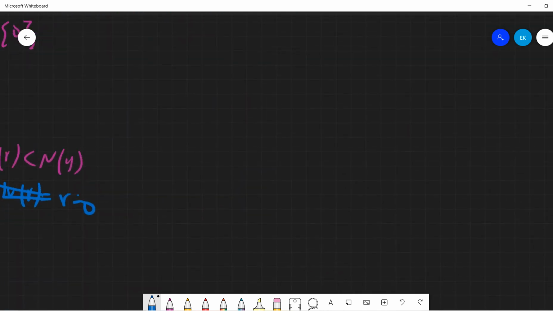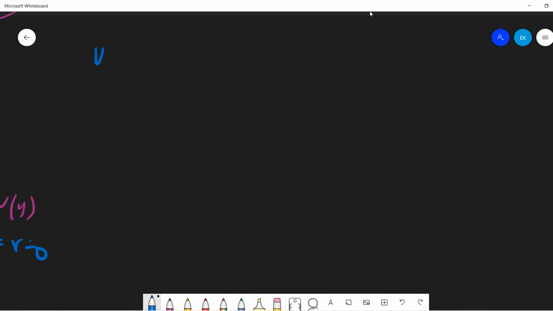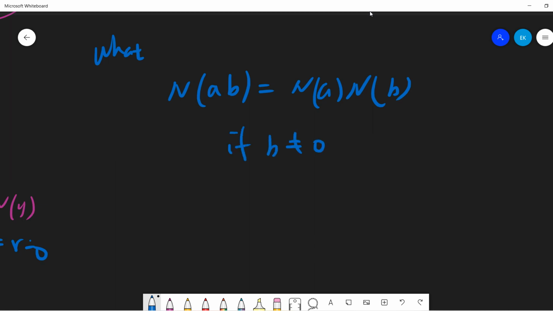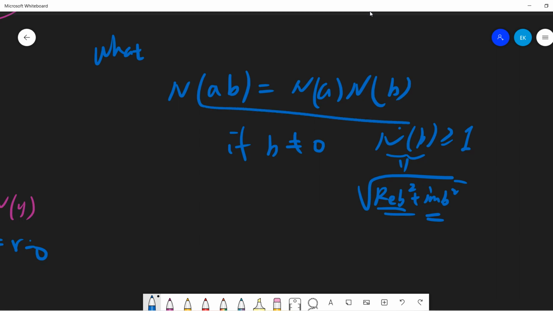So what we need to show is, you can check that N of ab is just N of a times N of b, and if b is non-zero, that means N of b must be at least 1, because it is just the real part squared plus the imaginary part squared, and they are integers. So this is common sense. Okay, so the difficult point is the first one.